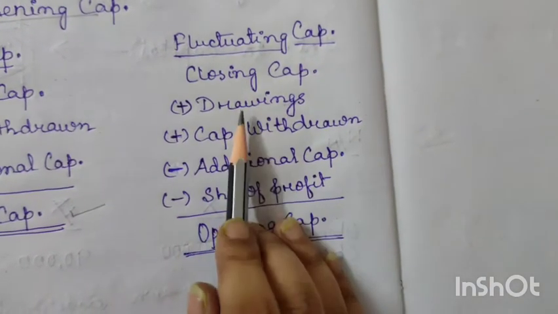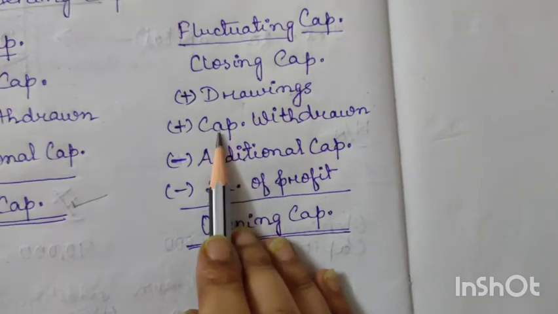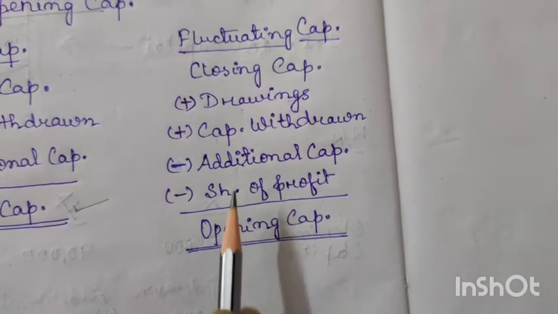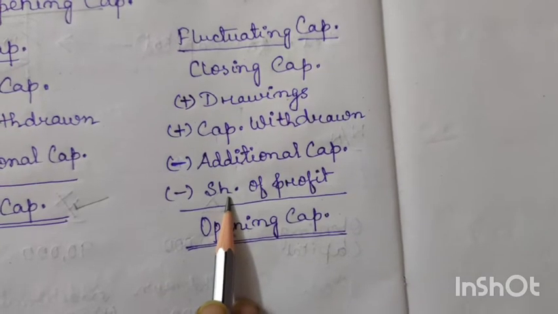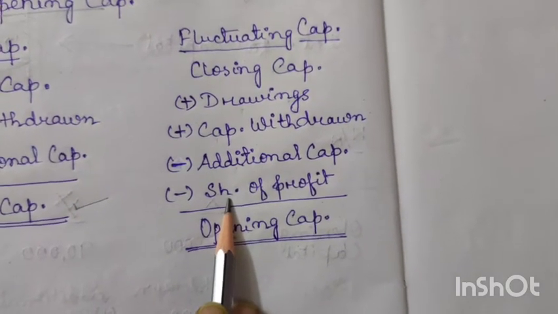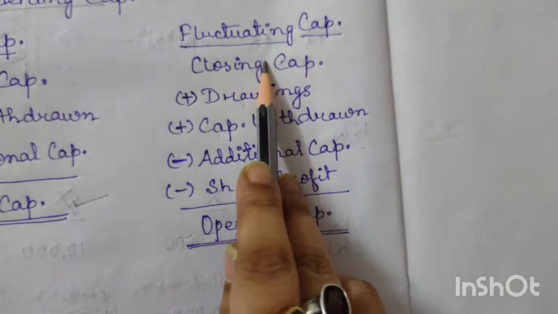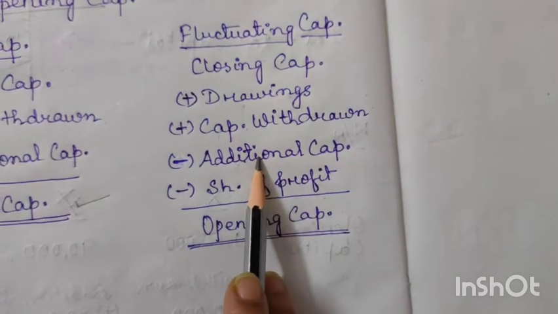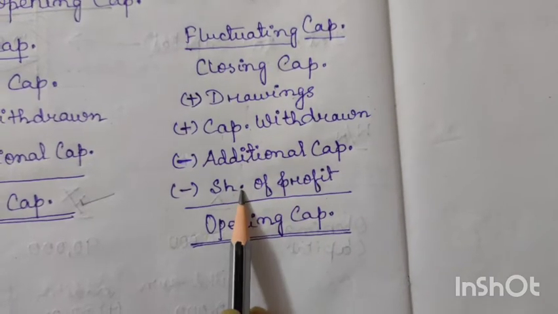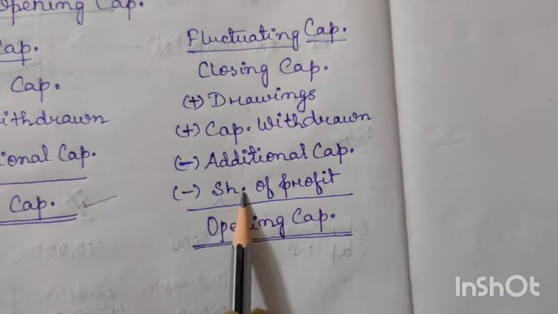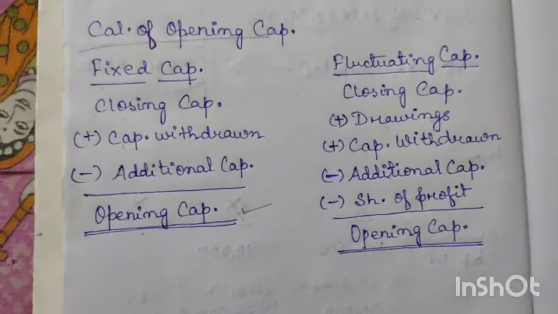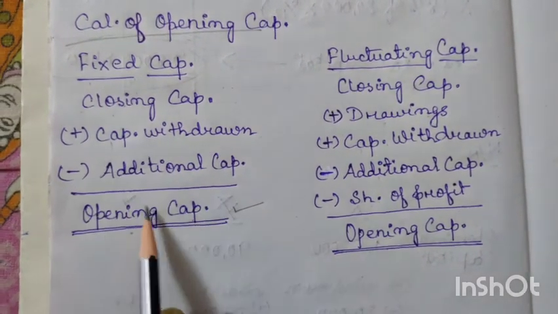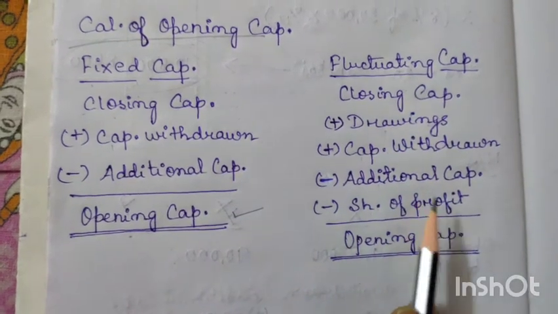Closing capital plus drawings plus capital withdrawn minus additional capital minus share of profit. Again I am telling, closing capital plus drawings plus capital withdrawn minus additional capital minus share of profit. This is how we calculate opening capital under fixed capital method and fluctuating capital method.